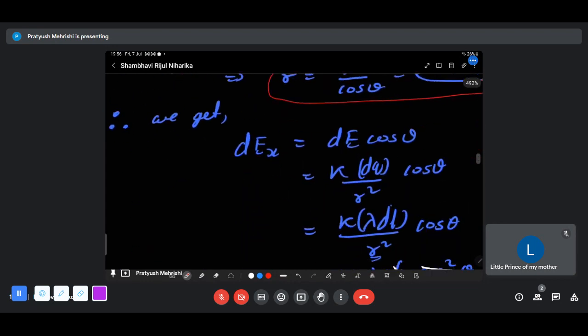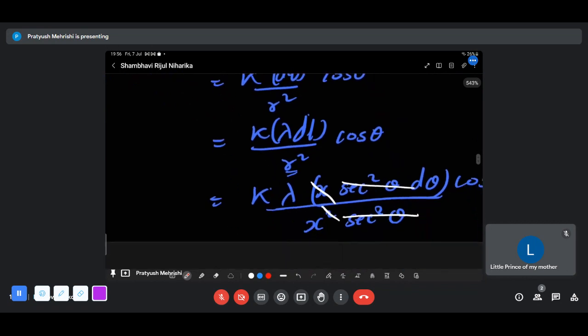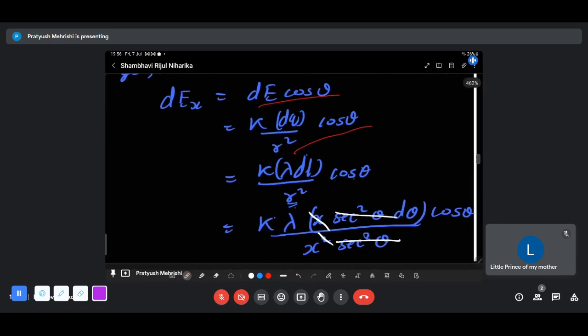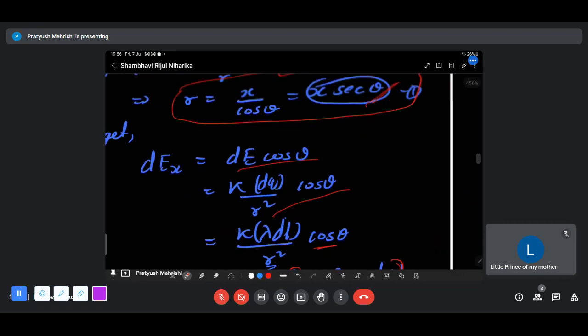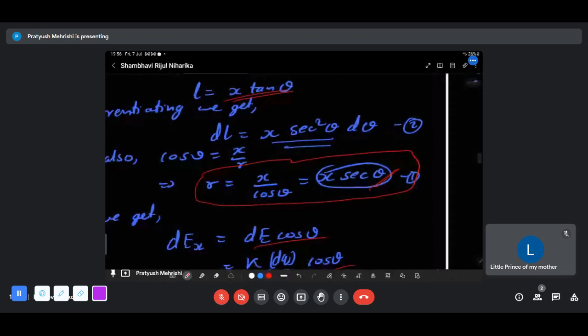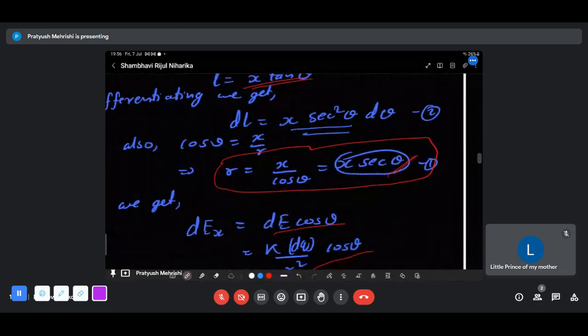Now we have the electric field as dE cos theta, that is k dq upon r square cos theta. It means k lambda dl upon r square cos theta. Now we write dl and r in terms of theta. Got it now?